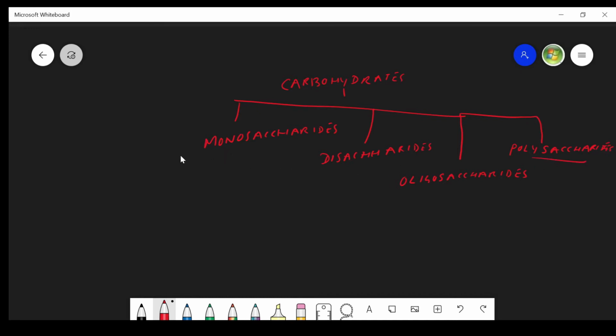So these are the four. Number 1 monosaccharides, number 2 disaccharides, number 3 oligosaccharides, and number 4 polysaccharides.